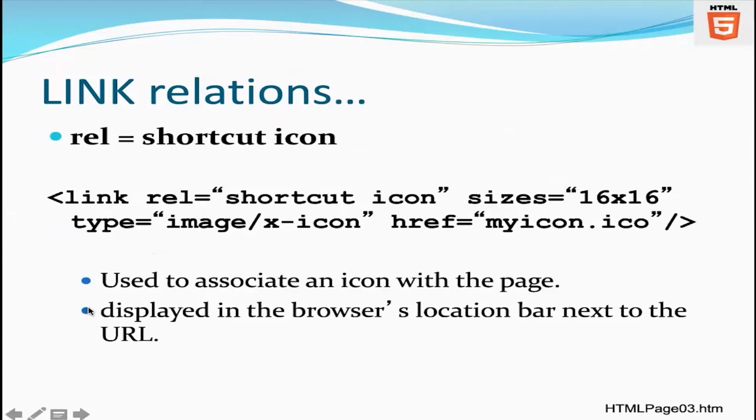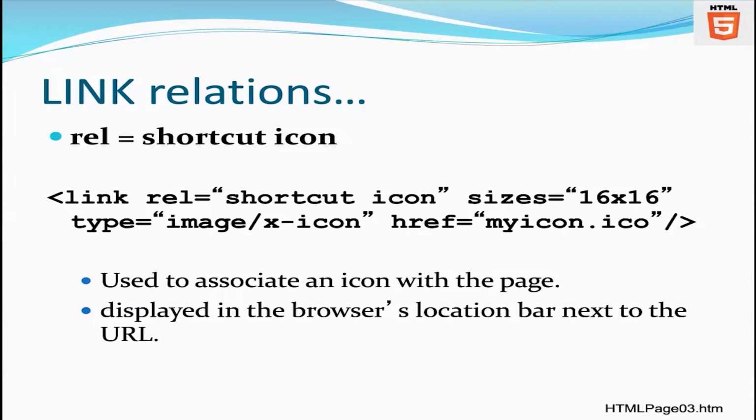We're not done yet. In addition, the link tag can also be used to associate something called a shortcut icon with the current document. Just a quick piece of information. Previously, this was called a fave icon or a favorite icon. Now, it is being called a shortcut icon.